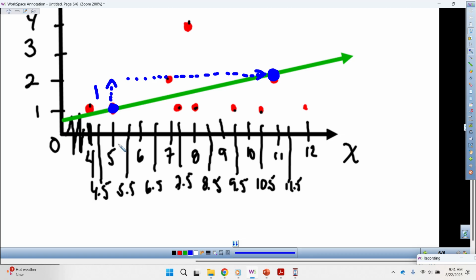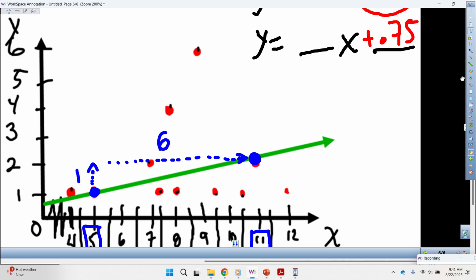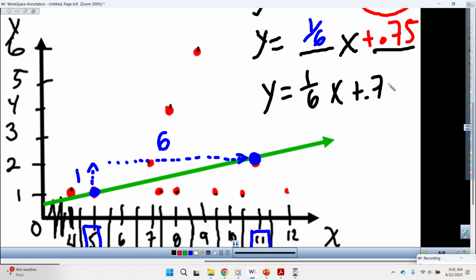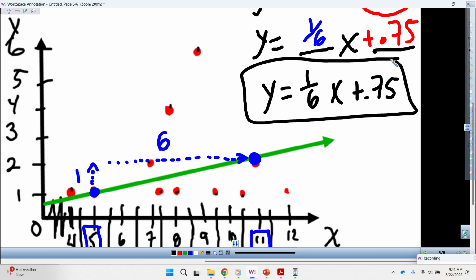Now here, where am I at x? I'm at 5, and where am I headed? Over here, which is what? So therefore, how many steps? 6. So my slope is 1 over 6. 1 over 6, and then I just write my equation, y = 1/6x + 0.75.